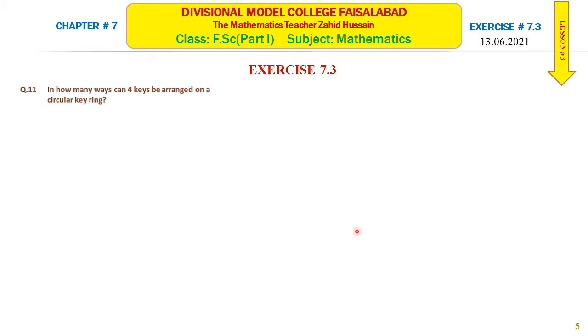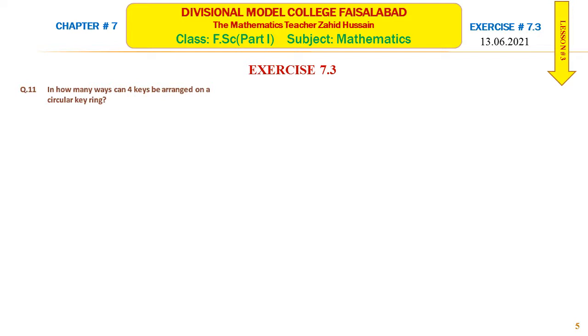This is question number 11. In this question you are asked, in how many ways can 4 keys be arranged on a circular key ring? Now these are keys, and keys are non-living objects.